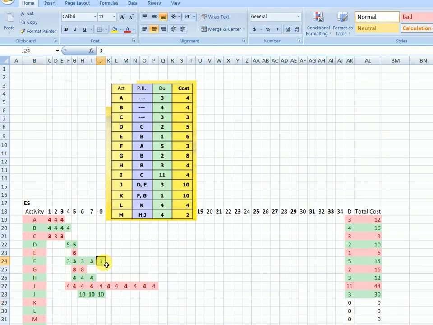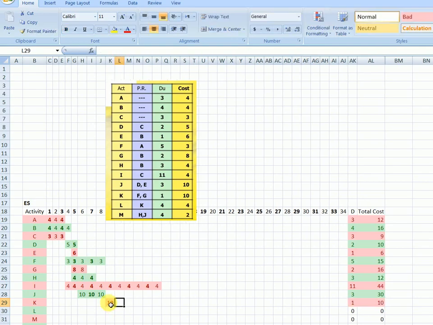F is looking somewhere here. 1, a cost of 10. L depends upon K, and 444. Beautiful. M depends on H and J. Where is J?